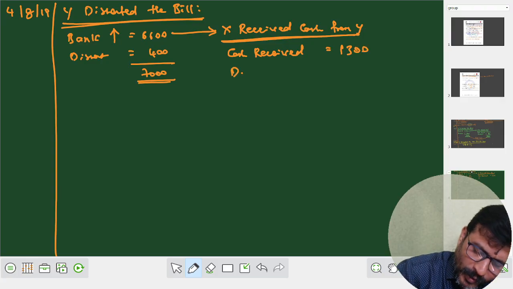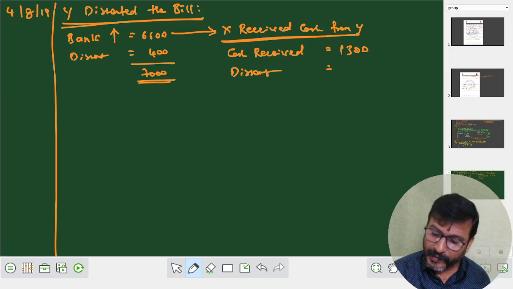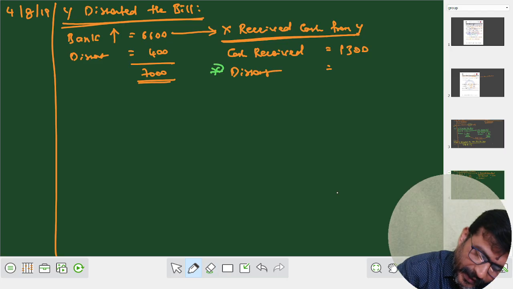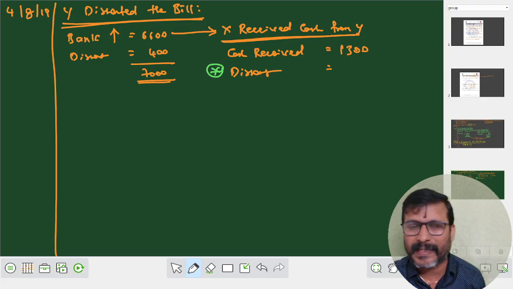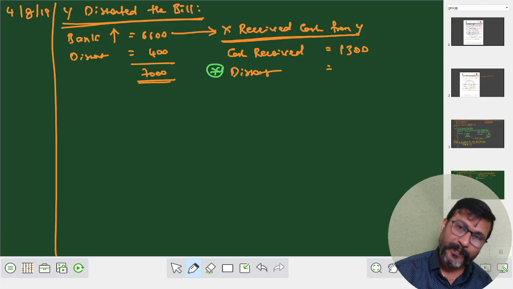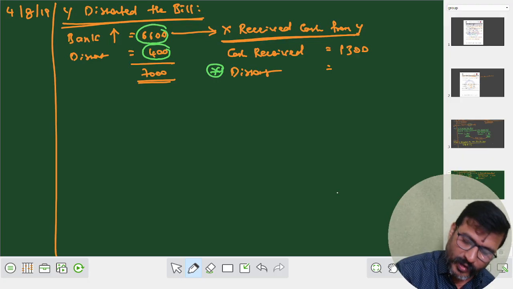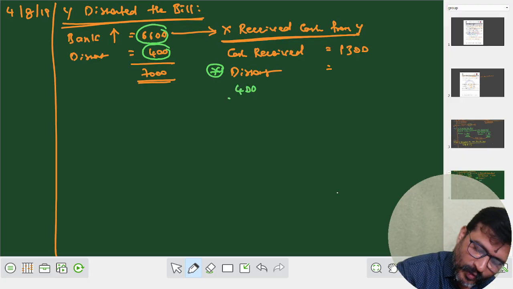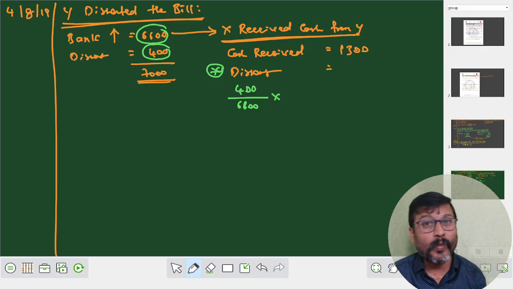Now we have to work out the discount, right? Please remember, the calculation of discount is very, very important. In the earlier video, in the 8th video, I explained in detail how to work it out. Take this 400 rupees as a discount for the 6,600 rupees. So you take 400 divided by 6,600 into... Now what to take?